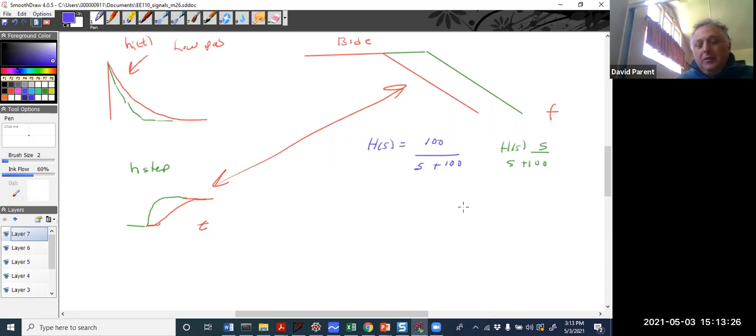We want to estimate it. Well, V out of S for the step will equal 1 over S times 100 over S plus 100.